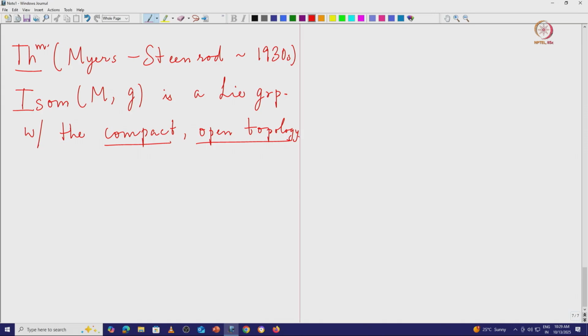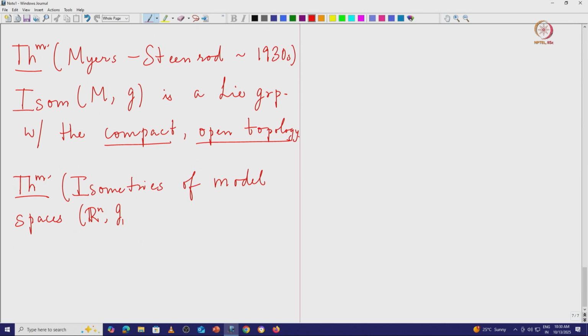So instead let me also state a nice theorem on the isometry groups of some standard Riemannian manifolds. So these are the so called model spaces. So isometries of model spaces. So what are the model spaces?